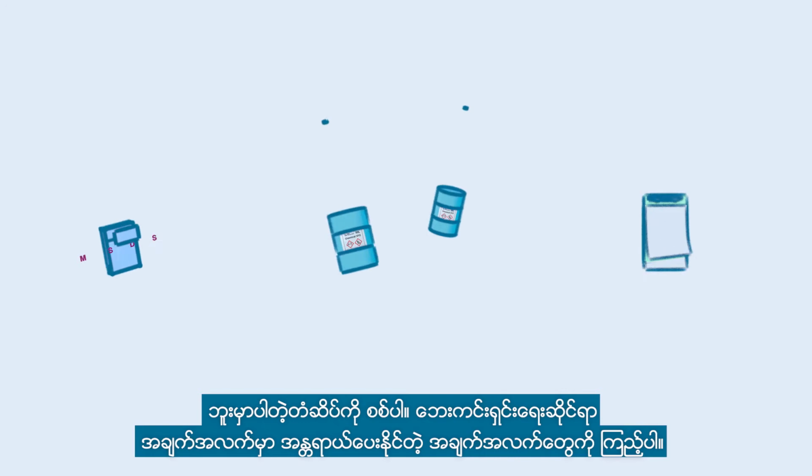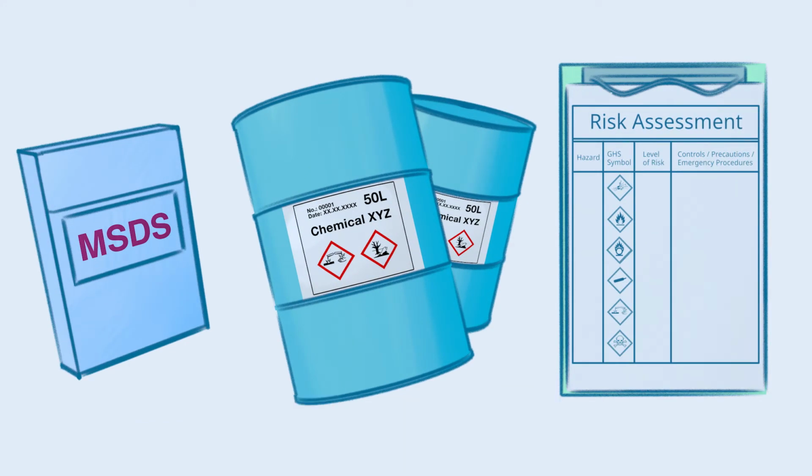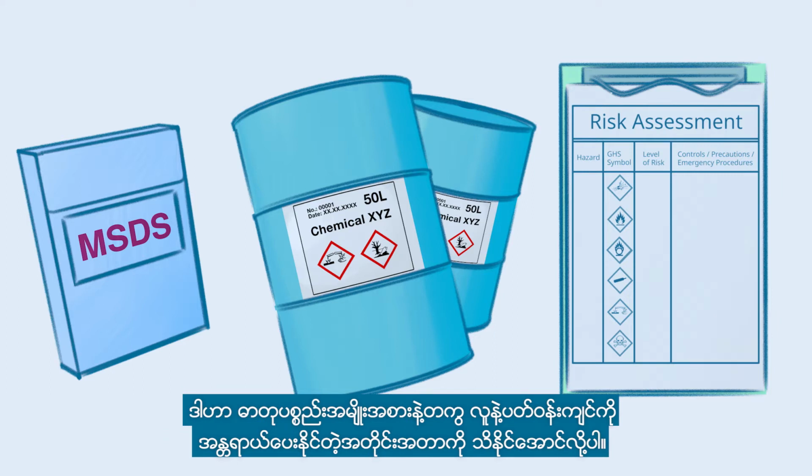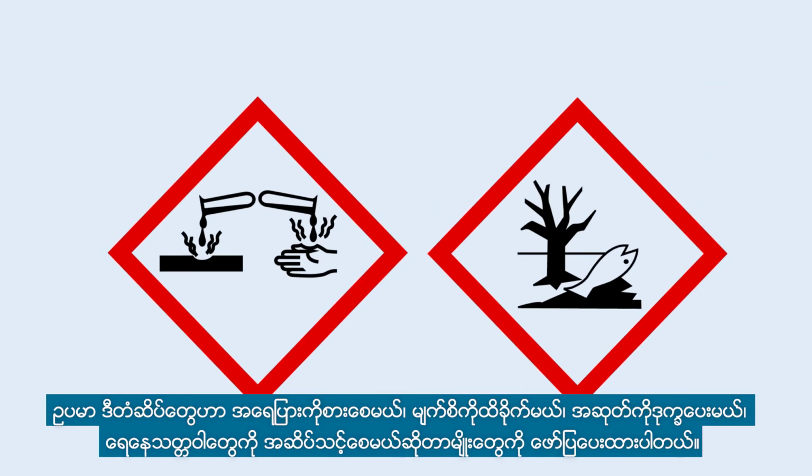Check the labels on the container and the information on hazard identification in the safety data sheet. This should be done in order to better understand the type and severity of hazards to health and environment that the chemical may pose. For example, these labels indicate that the substance may be corrosive to skin, eyes, or lungs, and toxic to aquatic life.